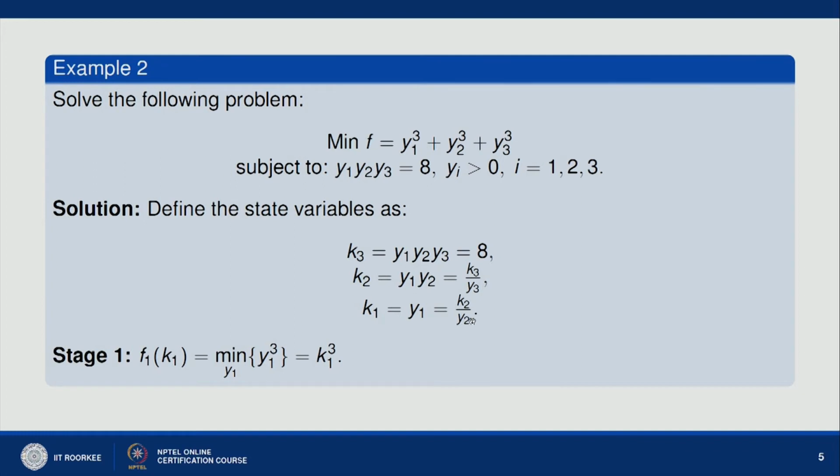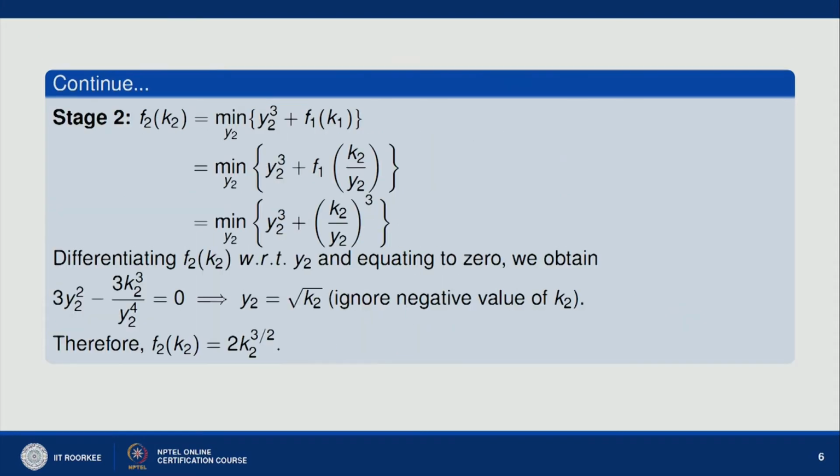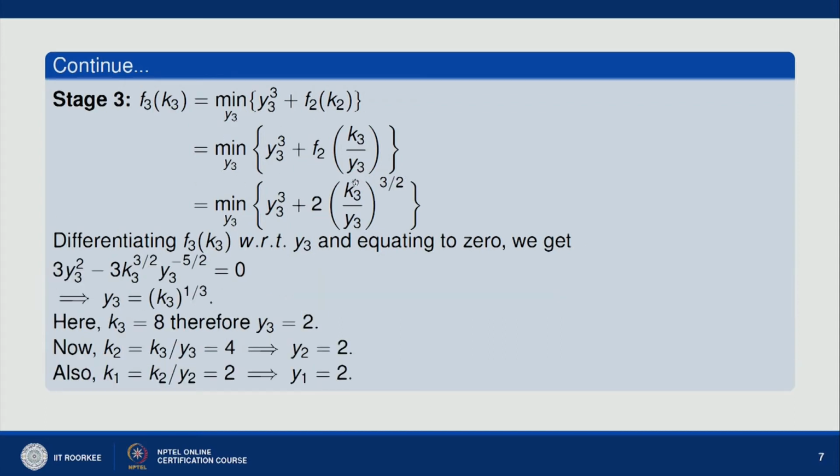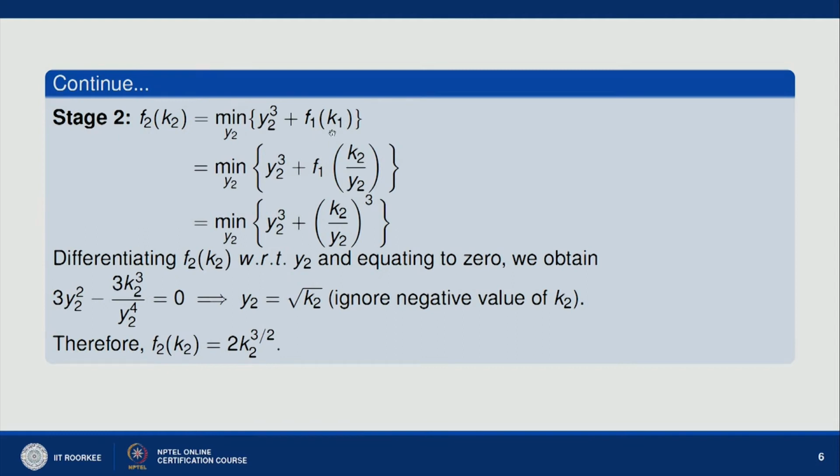So, in the next stage it is y2 cube plus f1 of k1, which is f1 of k2 upon y2, and f1 of k1 is equal to k1 cube. So, f1 of k2 upon y2 is equal to k2 upon y2 whole cube.